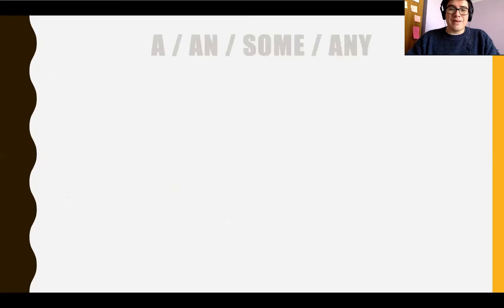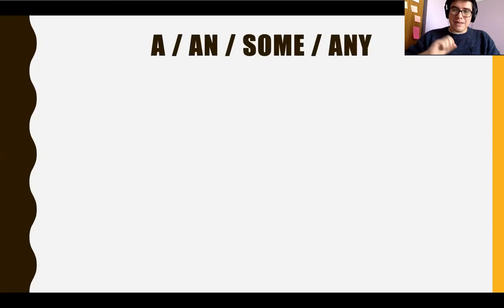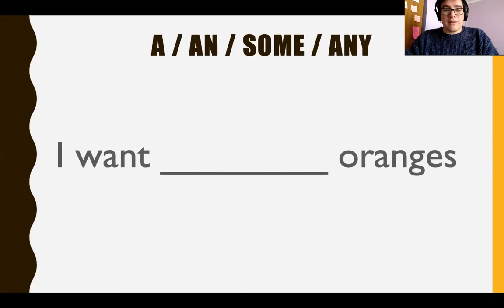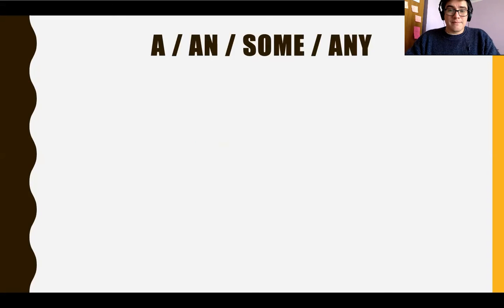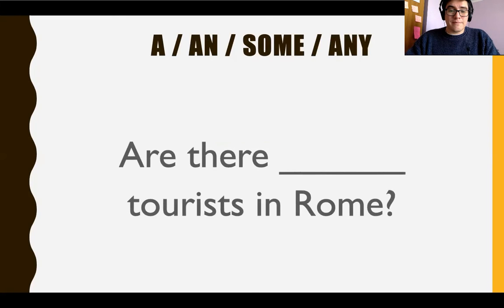Alright, so now we're going to try to complete these following exercises with a or an, un, una, some, or any. Let's go. The answer in this case is I want some oranges. The answer here is, are there any tourists in Rome?